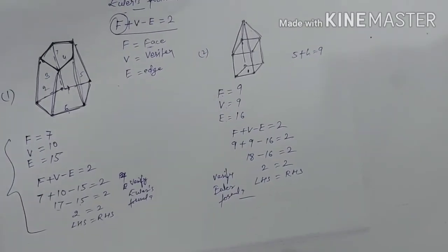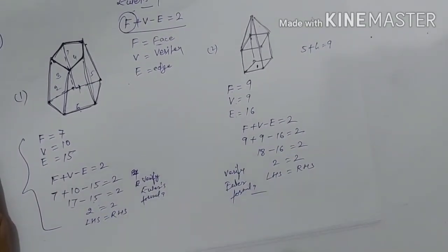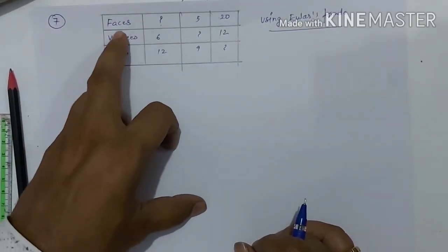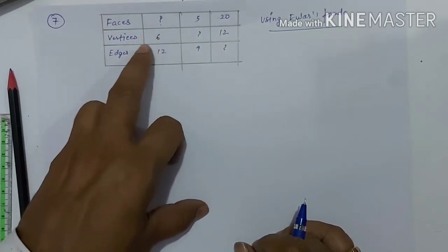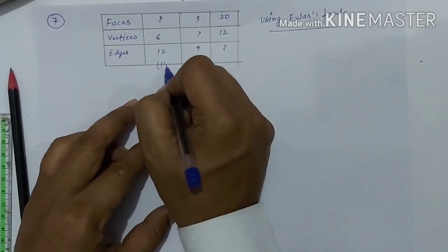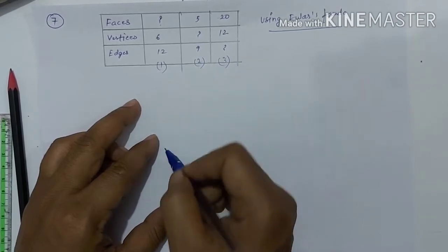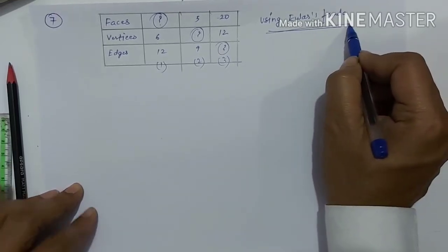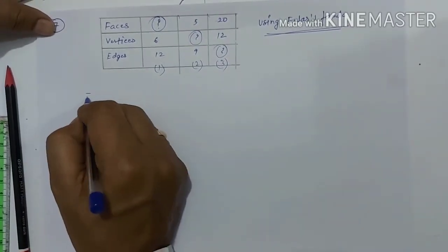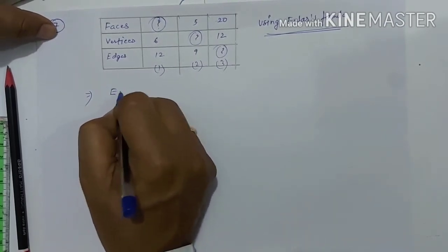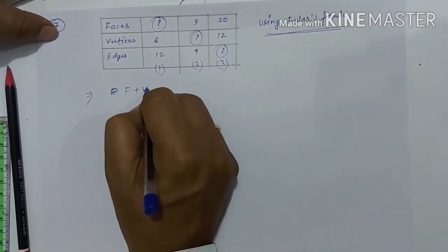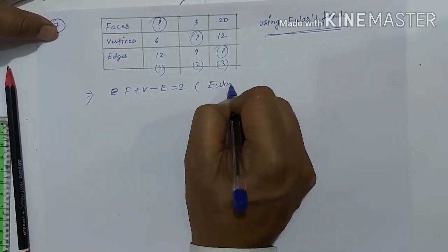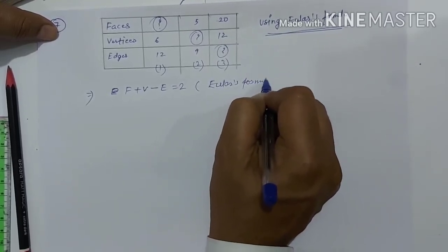Okay, first and second. Now question number 7: using the Euler formula, find the missing value. In the first, the face is missing. This is the first question, this is the second question, and this is the third, and the missing number you have to find by using the Euler formula. So first you write the formula, F plus V minus E is equal to 2, Euler's formula.